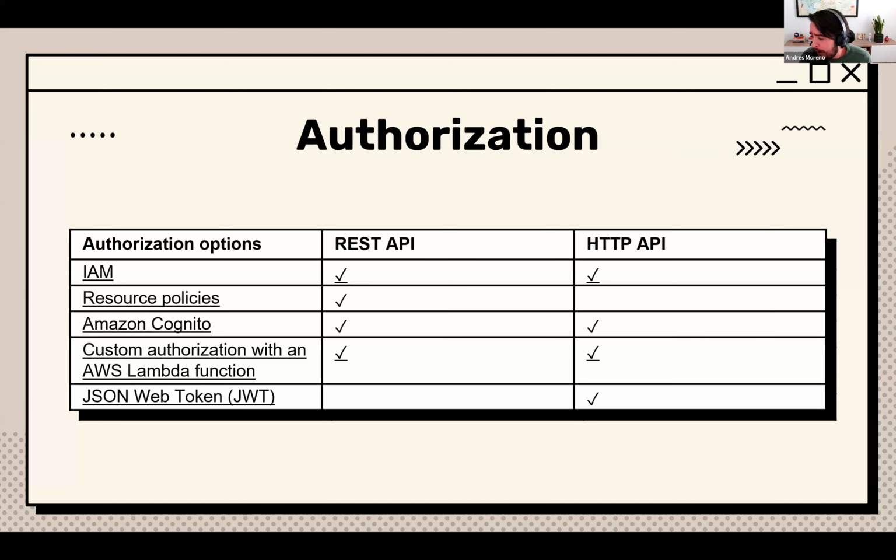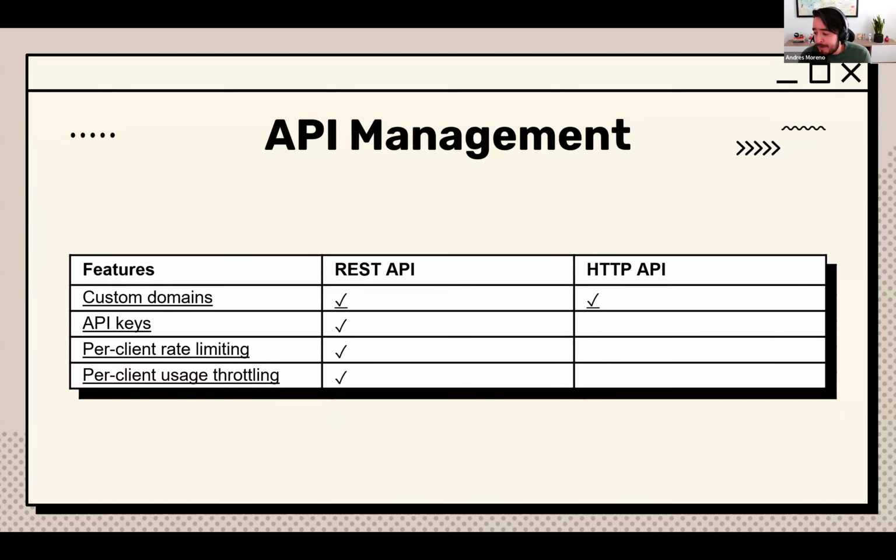API management. Thankfully both accept custom domains. These make your endpoints and your base URLs prettier. But these other three, I like to bundle up together: API keys, per client rate limiting, and per client usage throttling.